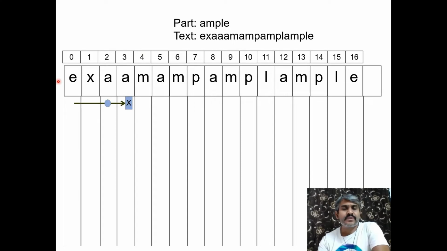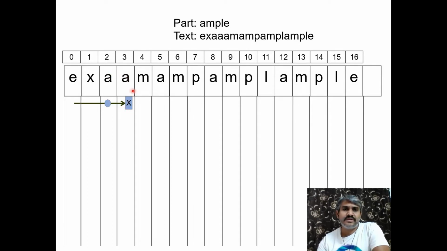So first we go through E, X, they are of no interest. Then we look at this letter A, which matches the first character of part A, and hence we try to match the subsequent characters.